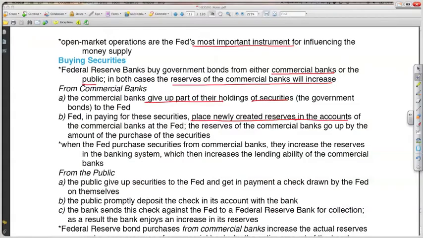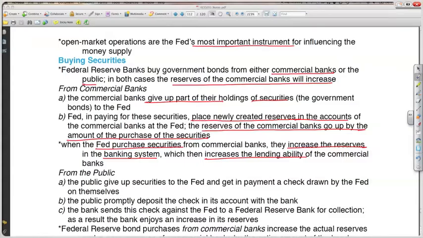So the commercial banks' reserves go up by the amount the Fed purchased. That increases the reserves within the total banking system, which increases the lending ability of the commercial banks. And you should remember from the previous two sections, if we increase the lending capability, it increases the money supply.